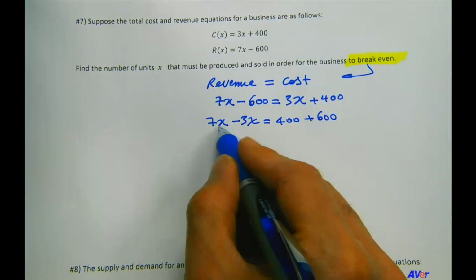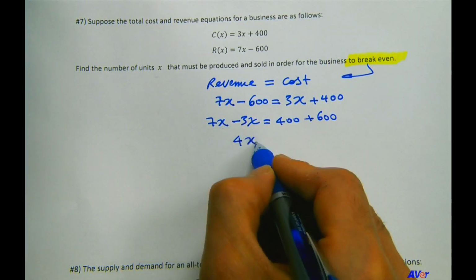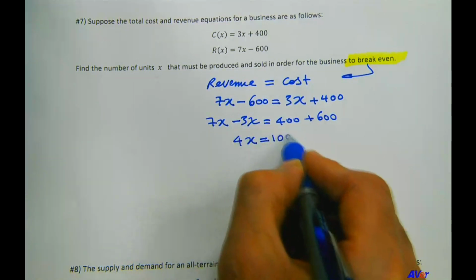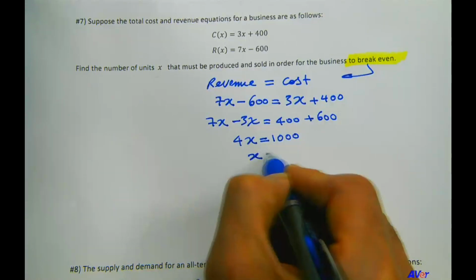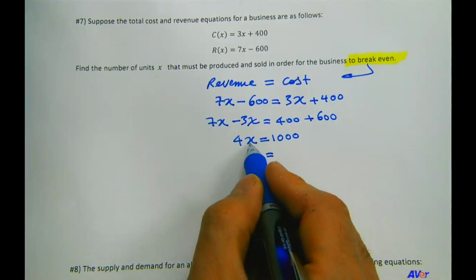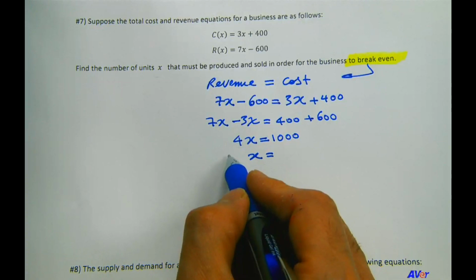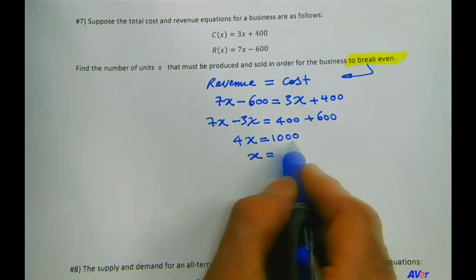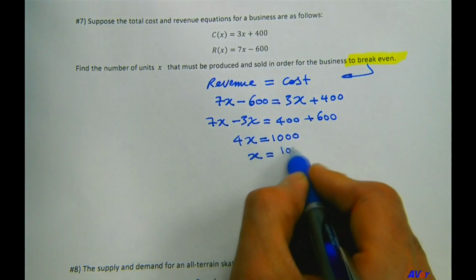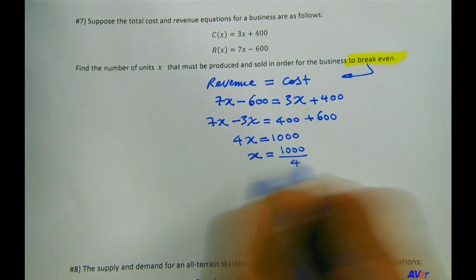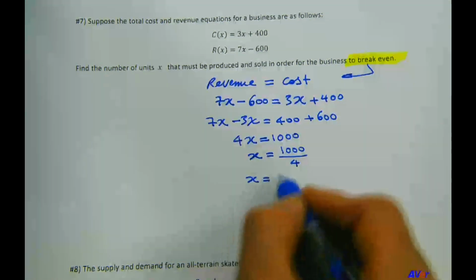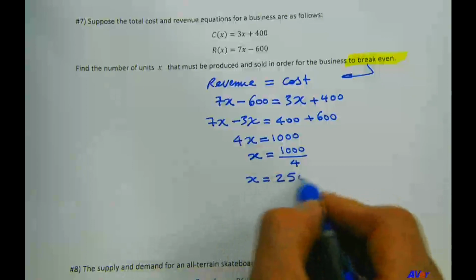So we end up with 4x equals 1,000, and x must be isolated, right? So we need to get rid of the 4, which means divide both sides by 4. X equals 250 units.